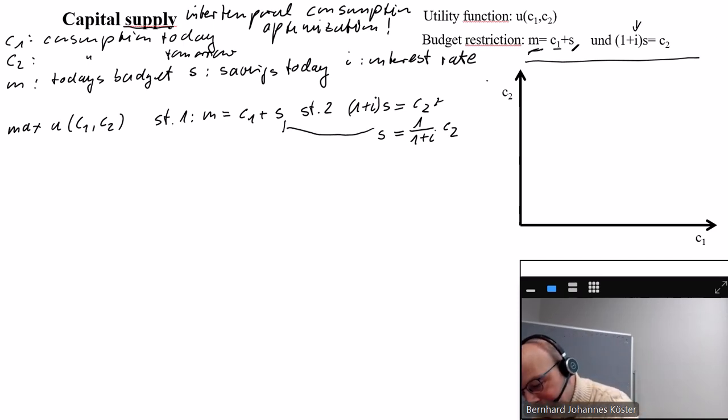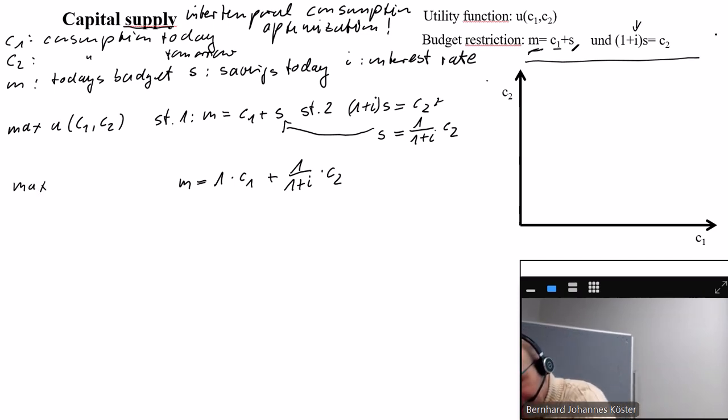Now we can put S into the first condition. So we obtain M equals, and again I write a 1 in front of C1, in a minute you see why I do this again, 1 times C1 plus 1 over 1 plus I times C2.